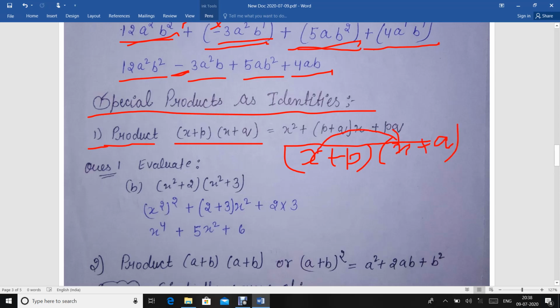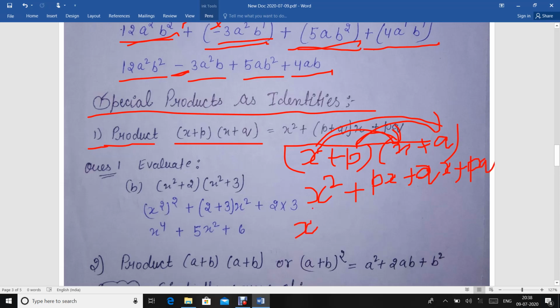x multiplied by x is x square, plus p multiplied by x is px, plus x multiplied by q is qx, plus p multiplied by q is pq.